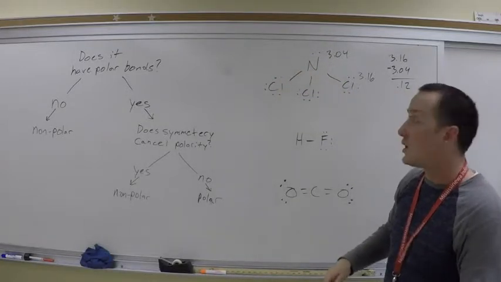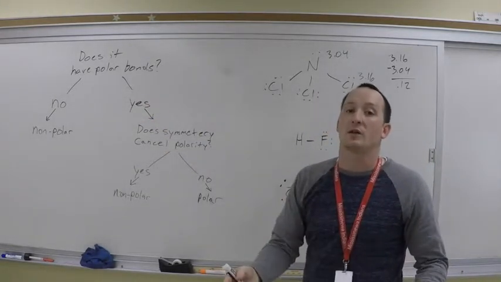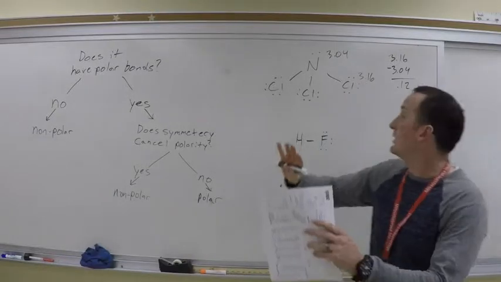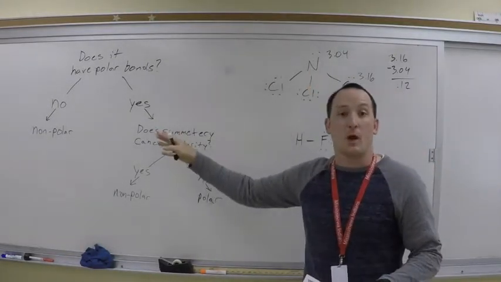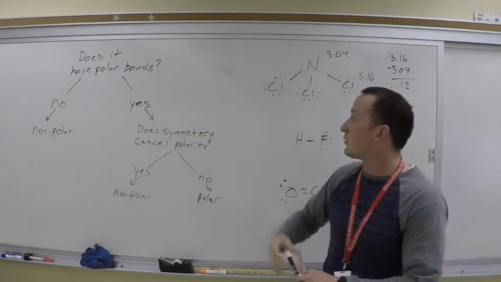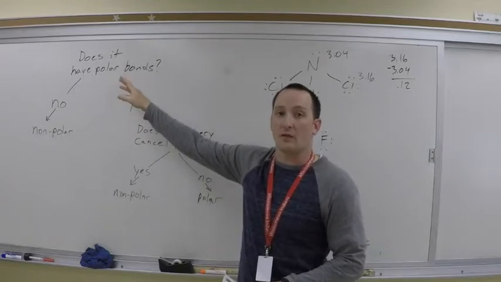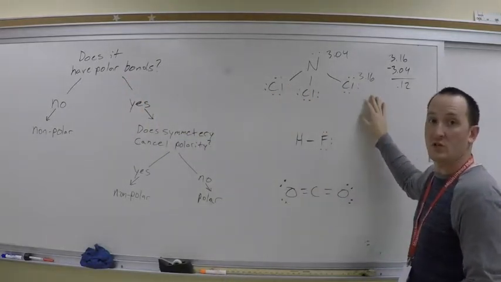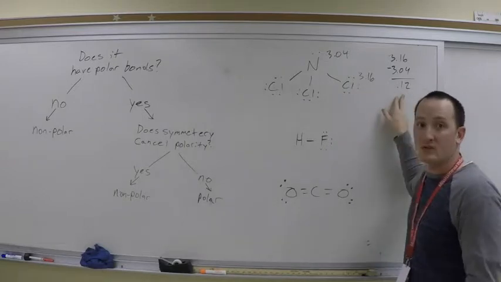So I'm going to show you how to use this flow chart to help you determine if the molecule is nonpolar. We can determine if the bonds are polar or nonpolar, but then how does that determine if the molecule is polar or nonpolar? I'd like you to look over here for a second. You're going to ask yourself, does it have polar bonds? For this molecule, we compared the electronegativities, and we got a difference of 0.12.